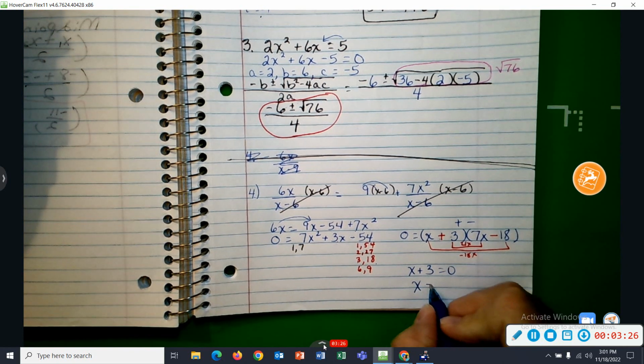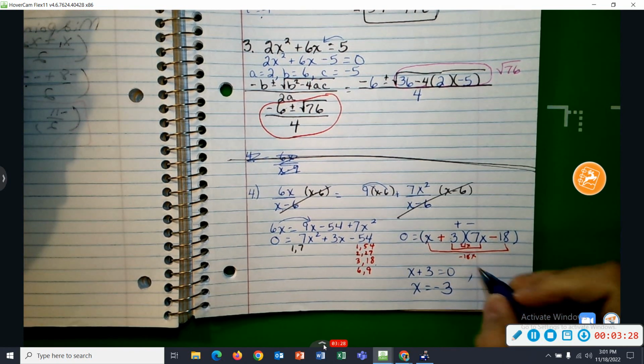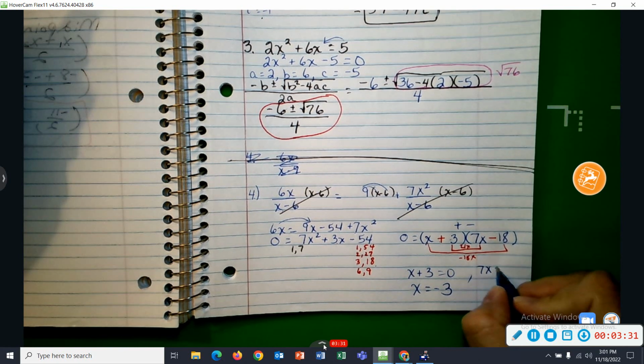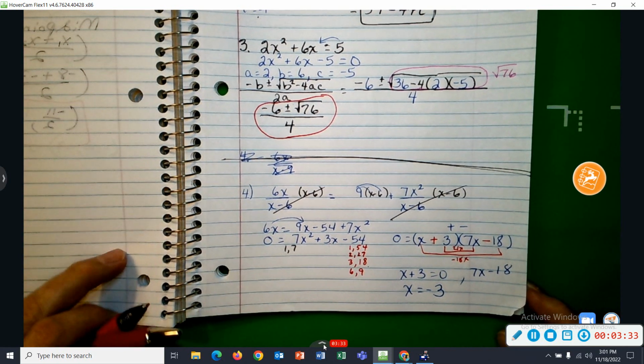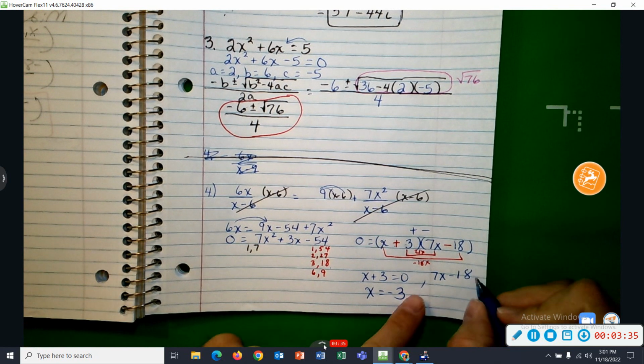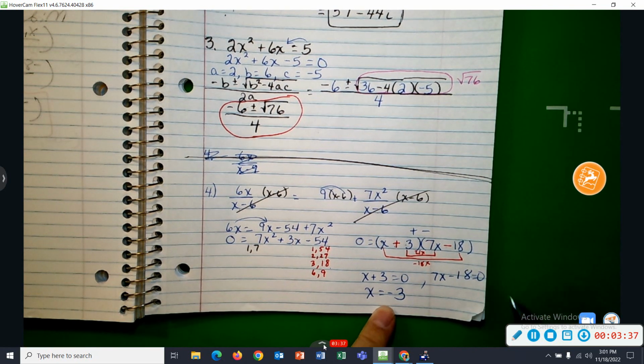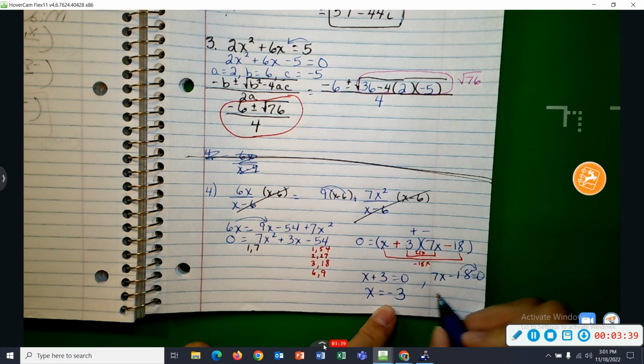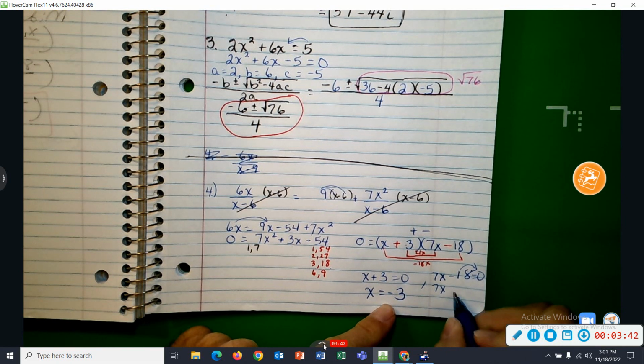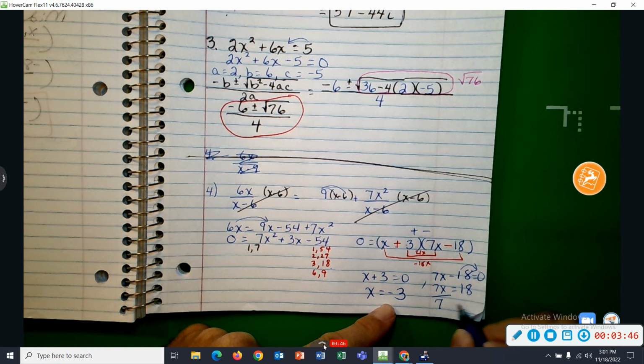And we get x equals negative 3. And what about right here? 7x minus 18 equals 0. I move the 18 over and divide both sides by 7.